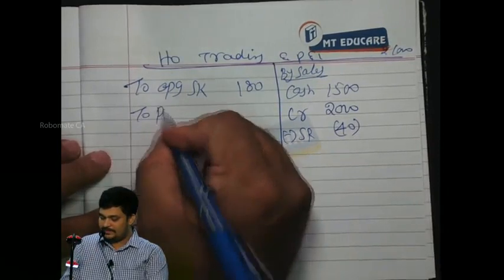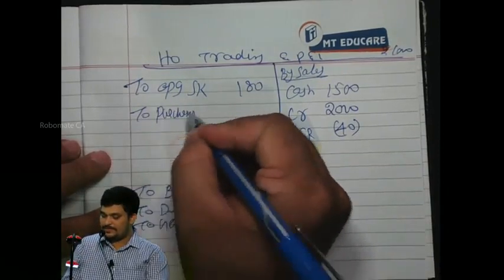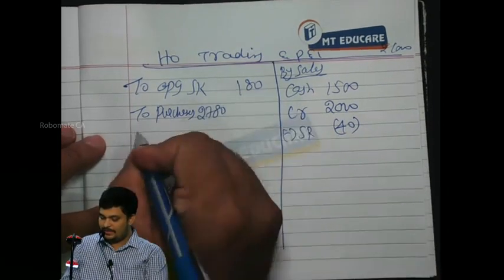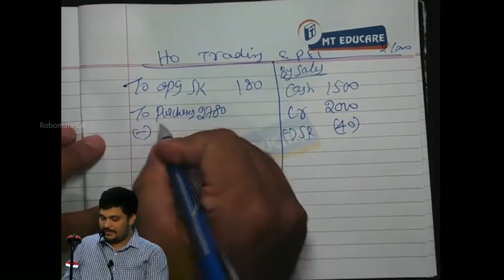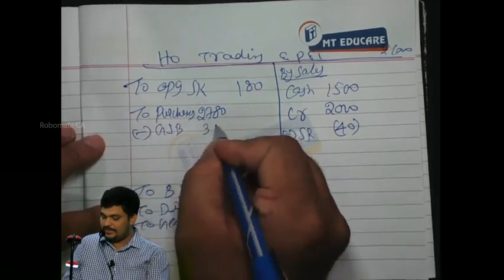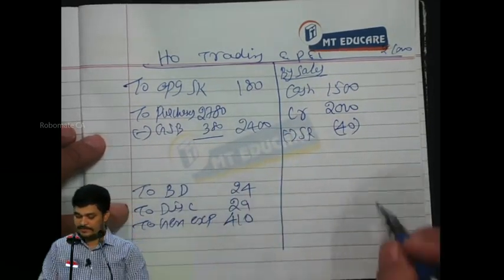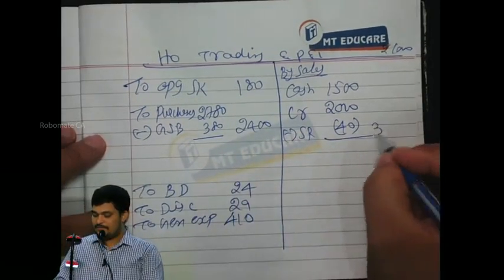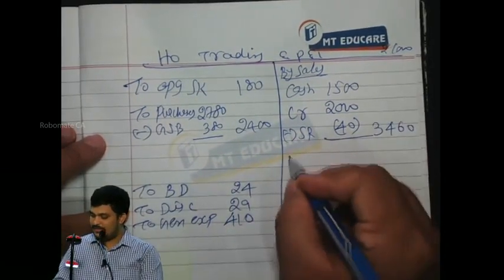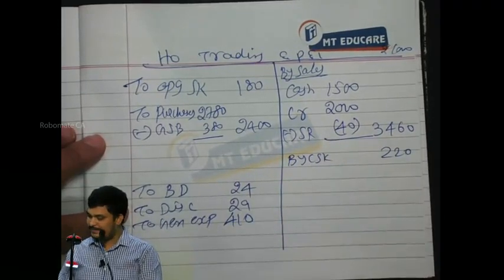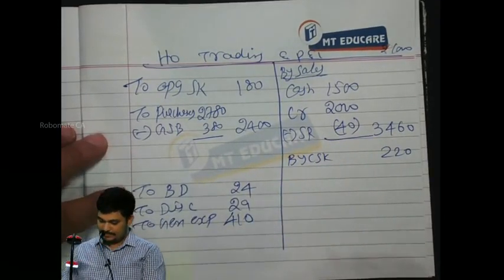To purchases, how much? 27 minus goods sent to branch 380. 2400. 3460. Closing stock 220. Right?